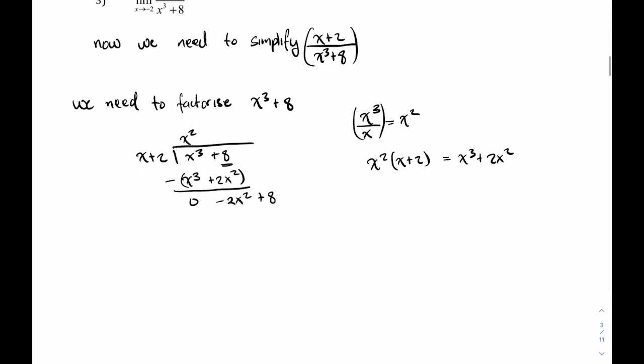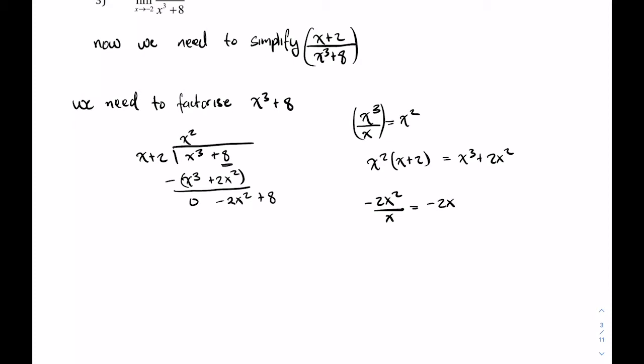So now we ask ourselves, how many times does x go into negative 2x squared? So that's the same as asking ourselves, what is minus 2x squared divided by x? This then gives us minus 2x.